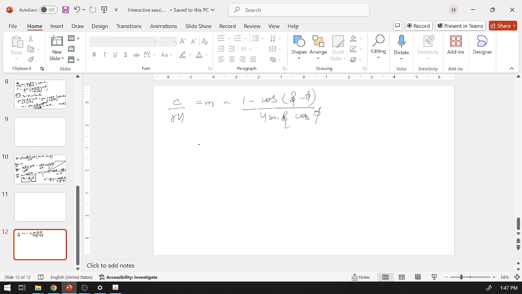And the maximum height of slope for which critical equilibrium occurs can be obtained by substituting C_D equals C dash and phi dash D equals phi dash in our equation, and from here we can get H critical equal to 4C dash over gamma sine beta cos phi dash over 1 minus cos of beta minus phi dash. This is the stability number. This is your critical height.